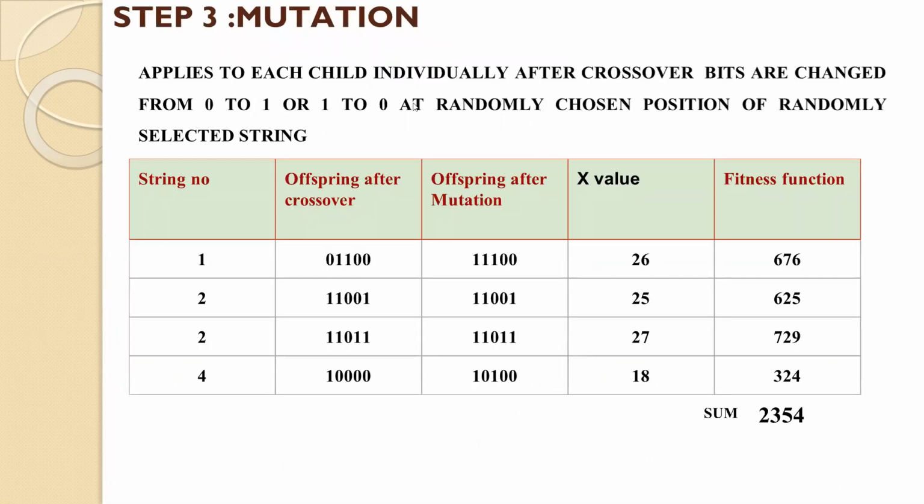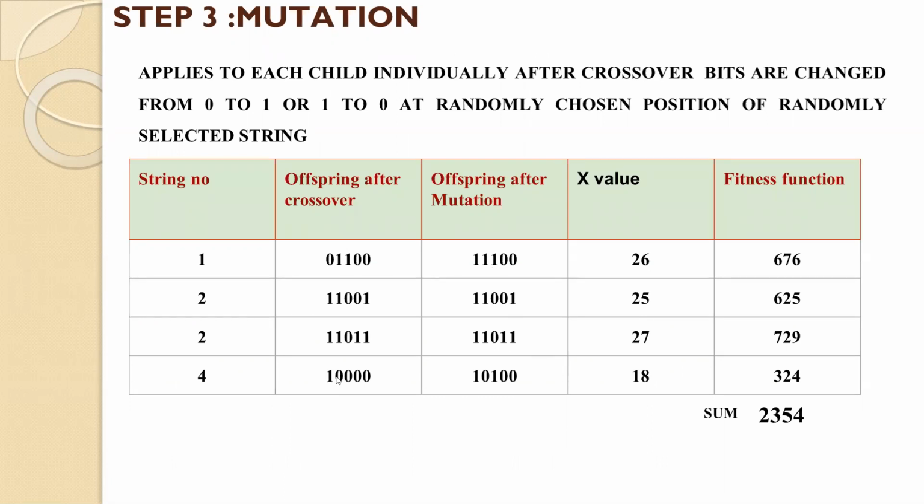Then apply the mutation function. This is already the crossover function. Perform mutation randomly. For 0 1 1 1 1 0 0. For 1 1 0 0 1, same 1 1 0 0 1. For 1 1 0 1 1, mutation gives 1 1 0 1 1.